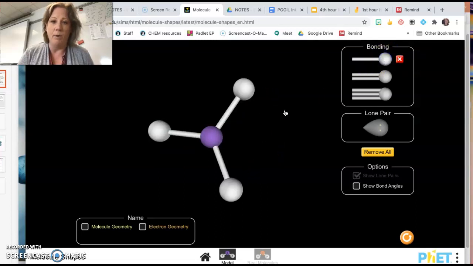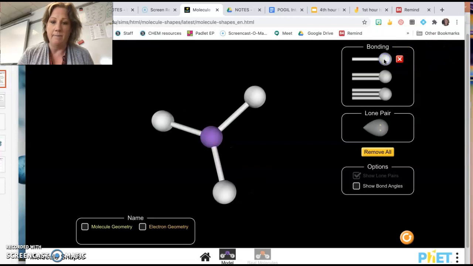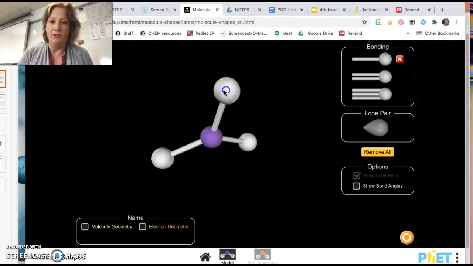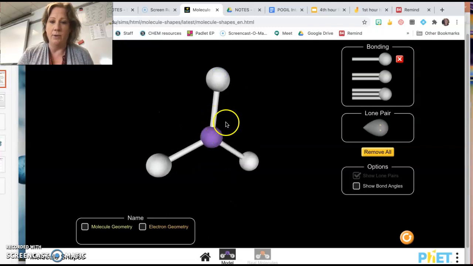As I add more, you can see there, it kind of pushed these down when I added that one. I'll let you see it again. And you can see this is three-dimensional. So the space between them is optimized by this angle, which is 120 degrees.